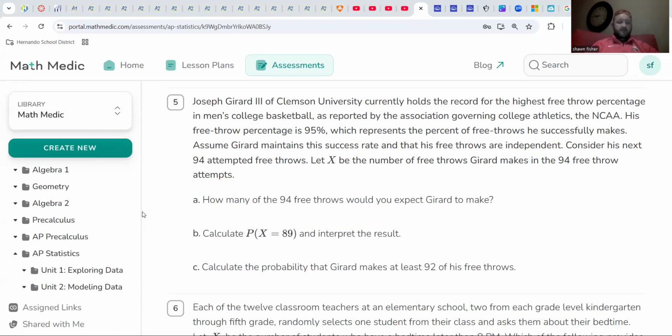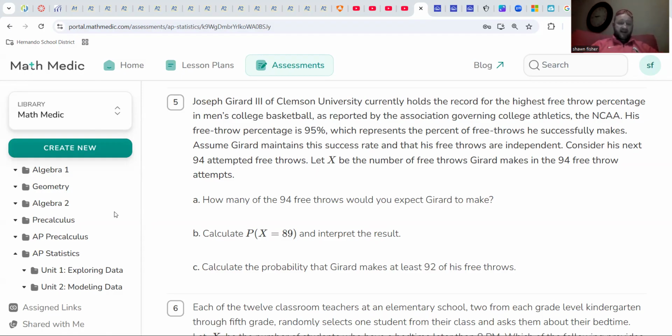Multiply that by the probability of success. I've got a 95% chance of making them, and I'm raising that to 89, out of 94. Enter, very large number.